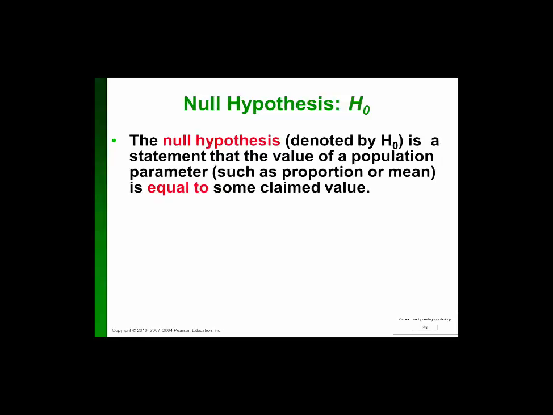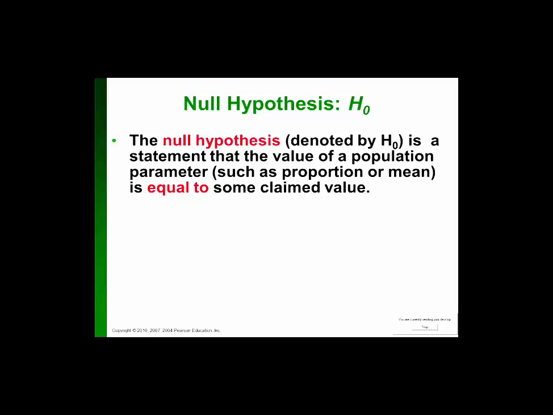If we were trying to say the IVF procedure didn't work, that the proportion of girls, even with the procedure, is still 0.5, then P equals 0.5 would be our null hypothesis. The null hypothesis always says P equals something or mu equals something.